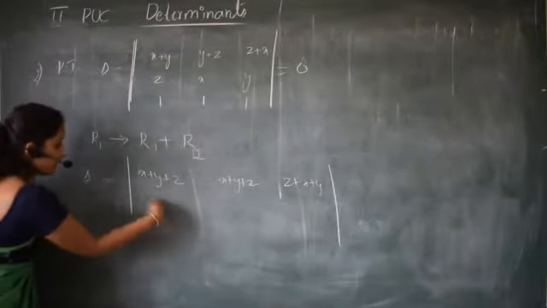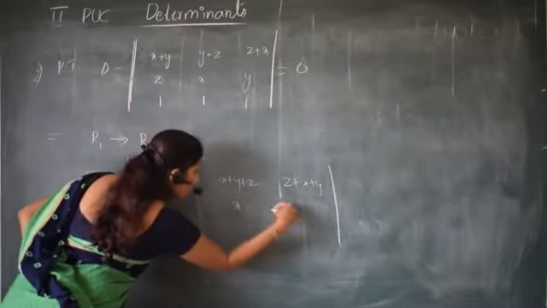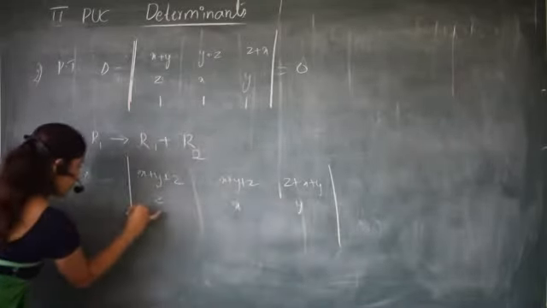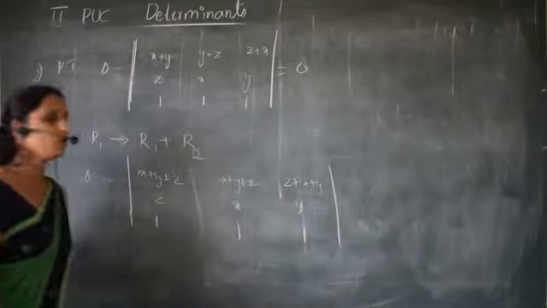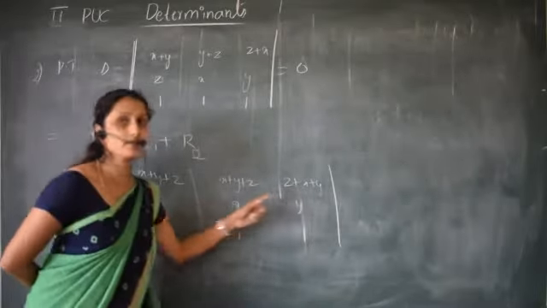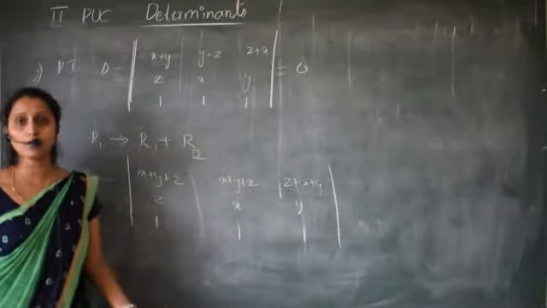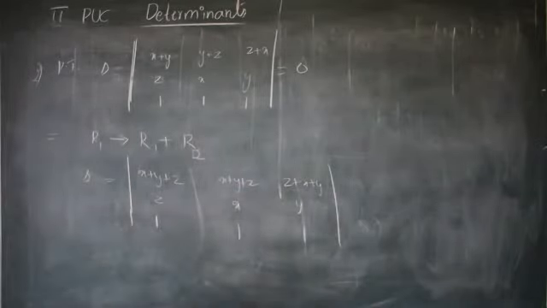Then x, y, z, and 1, 1, 1. Now we can see R1 has a common term. So we use property number 4: if any term is common in any row or column, we can take it out.